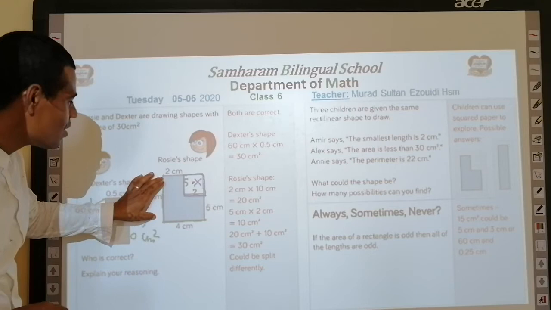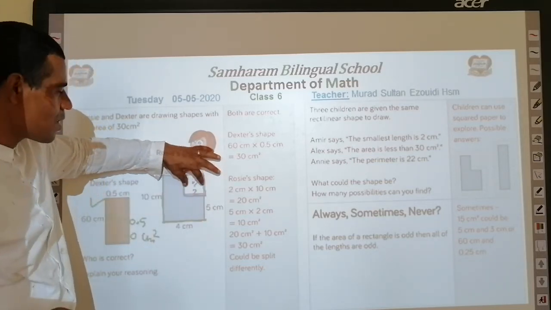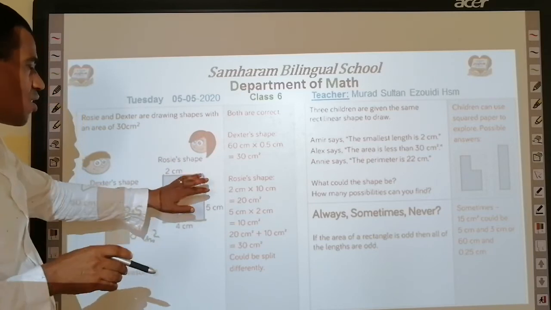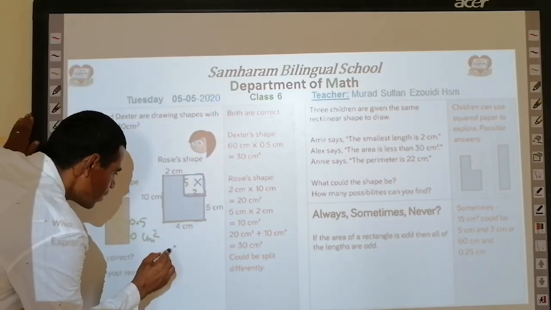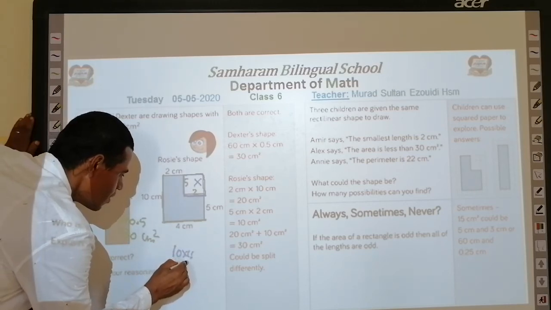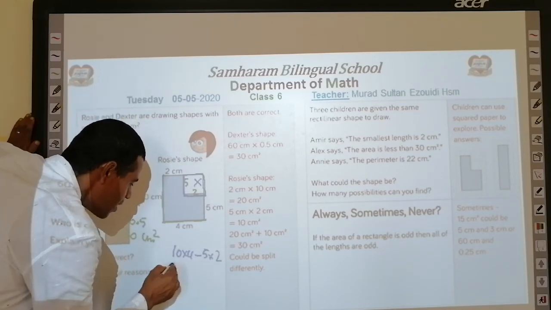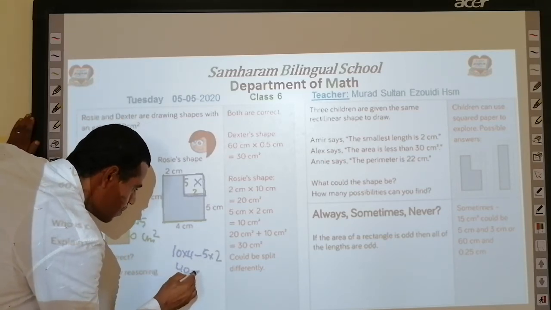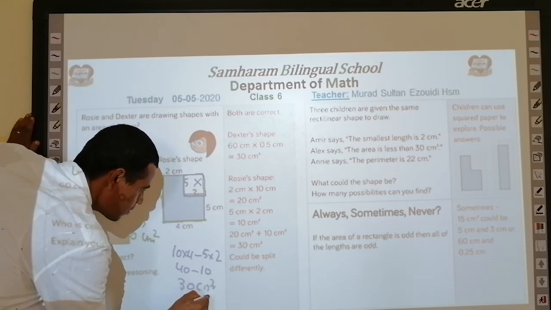It means that I will consider a whole rectangle, then I will subtract the smaller one that is on the corner on the first quadrant. So 10 by 4 minus 5 by 2. 10 by 4 is 40, minus 10 is 30 centimeters squared.